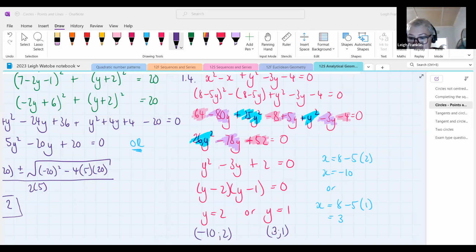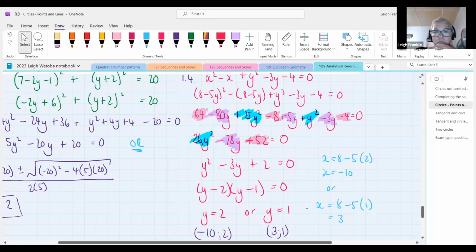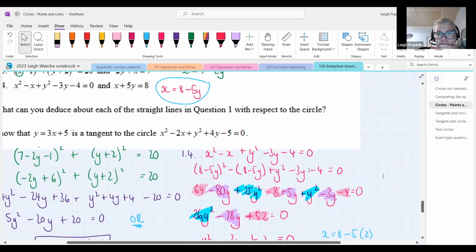When I subbed the y equals 2 back into the 52 minus 78y plus 26y squared, I got like negative 280, which is not equal to the right-hand side. And when I substituted the 1, it equaled 0. So surely there's only one solution. Let's just go back and check this. So we've made x the subject of the formula, we've taken that over to the other side.